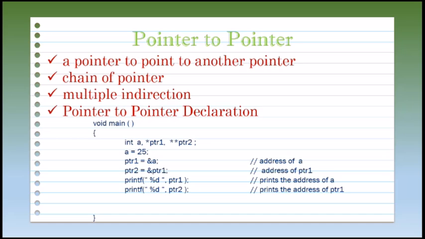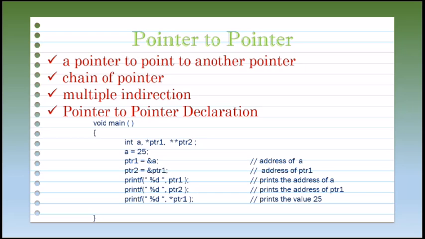Similarly, here we are printing the value stored in ptr2. Again, we are directly printing ptr2, which means the address held by that variable will be printed. ptr2 is holding the address of pointer variable ptr1, so this line prints the address of ptr1.